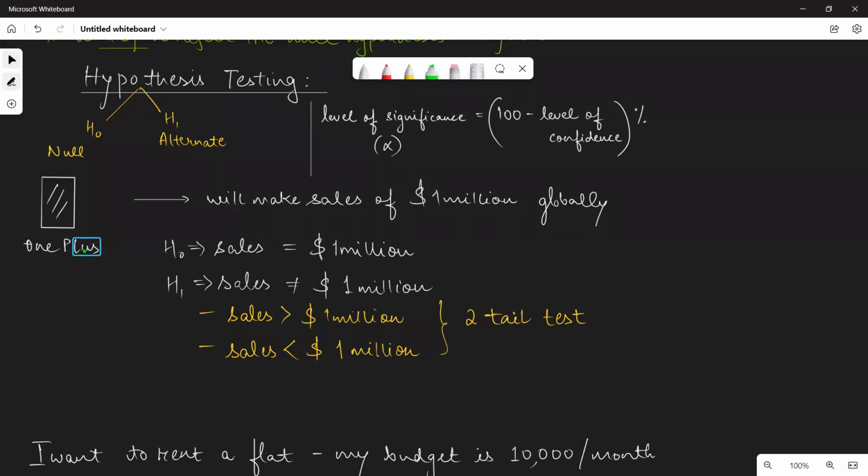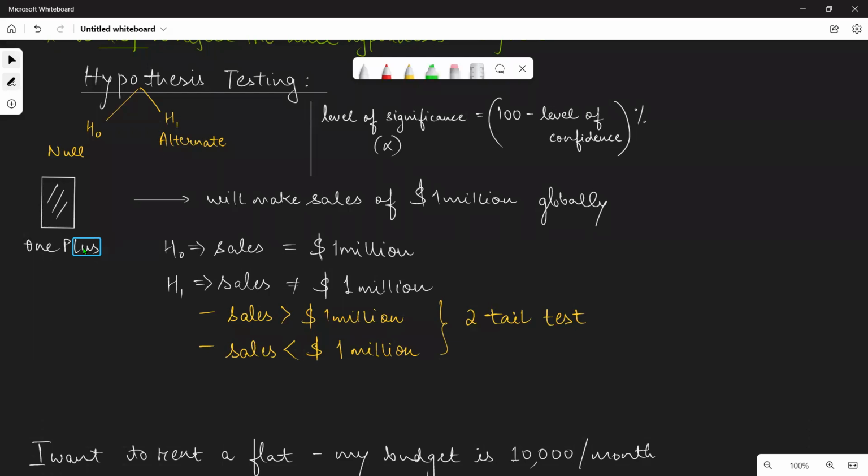Only then are they saying they will be able to make a global impact of, let's say, $1 million.